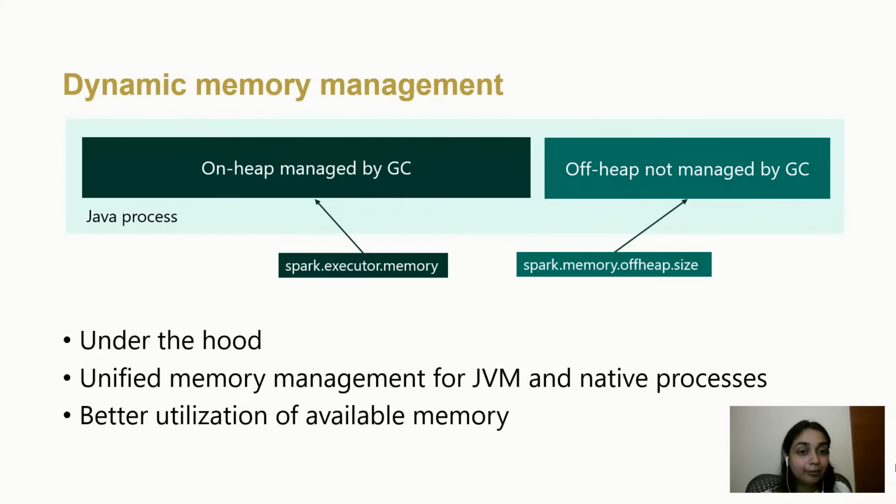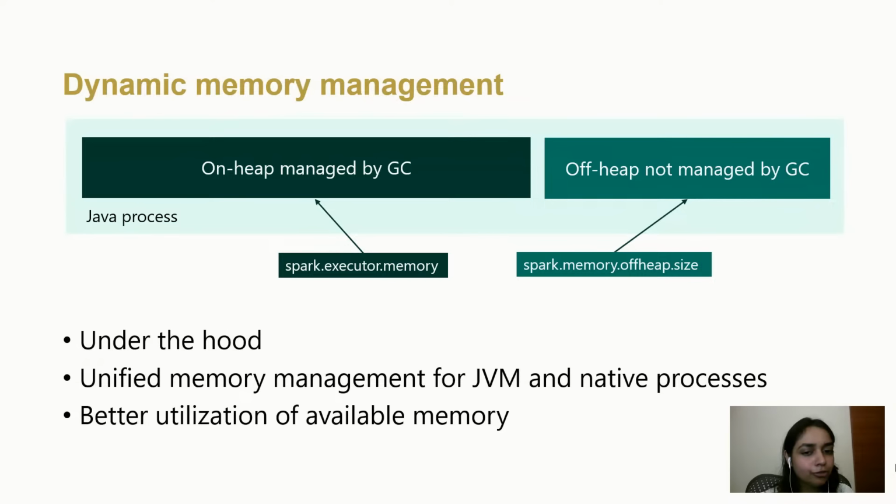So we at Microsoft developed this dynamic memory manager and have contributed it back to open source. The dynamic memory manager sits behind the scenes. It balances your allocation of on-heap and off-heap memory, without you needing to specify upfront what the split needs to be. It operates under the hood. It is a single memory manager for your Java and your C++ memory.